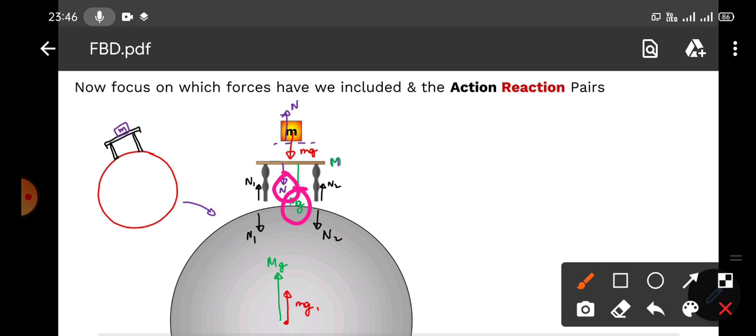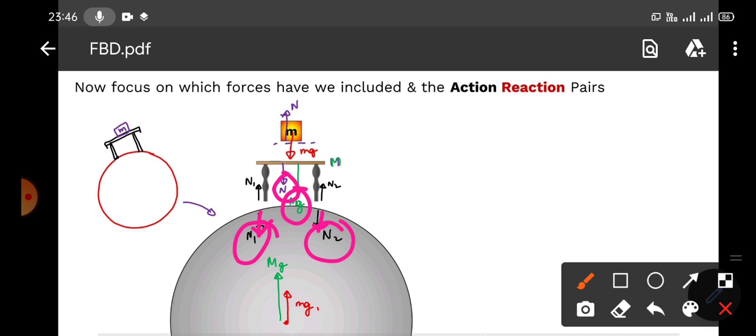Now look at the two stands of the table. The two stands are connected with the ground. Since gravity is attracting the table, these two stands are pushing the ground in the downward direction with forces N1 and N2, correct.